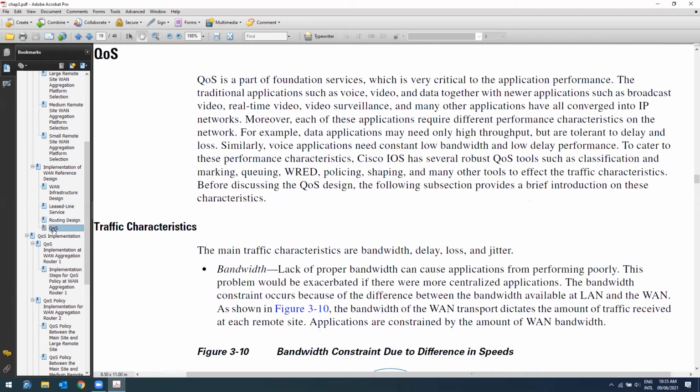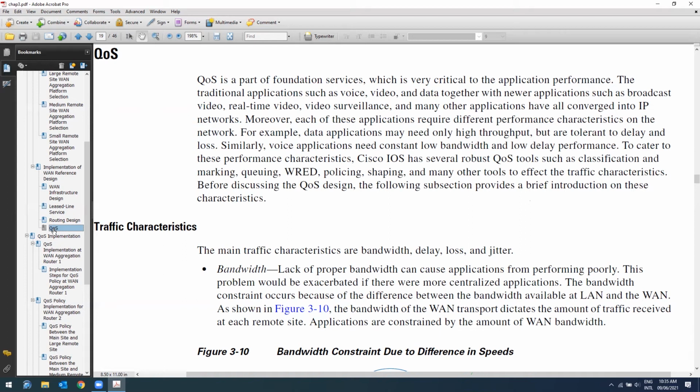Right, let's go to QoS. Okay, so quality of service is part of foundation service, which is very critical to the application performance. The traditional applications such as voice, video, and data, together with new applications such as broadcast video, real-time video, video surveillance, and many other applications have all converged into IP networks. Moreover, each of these applications require different performance characteristics on the network.